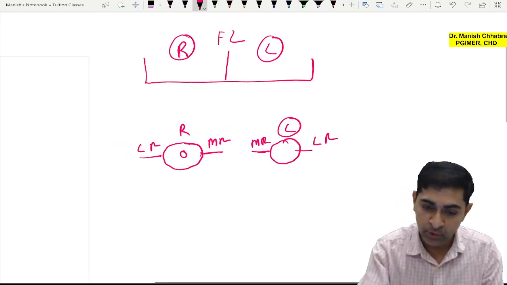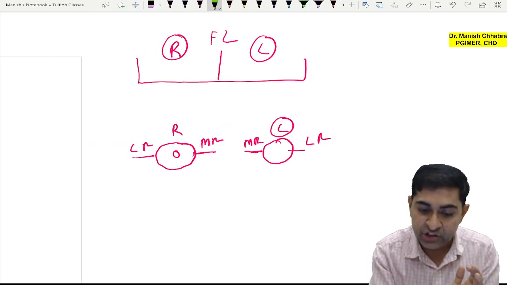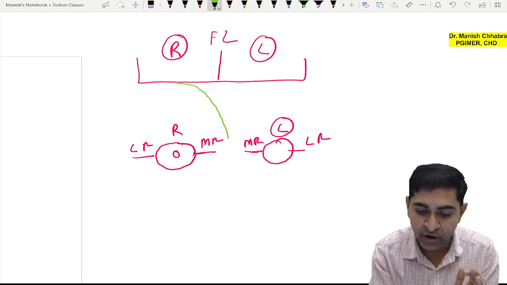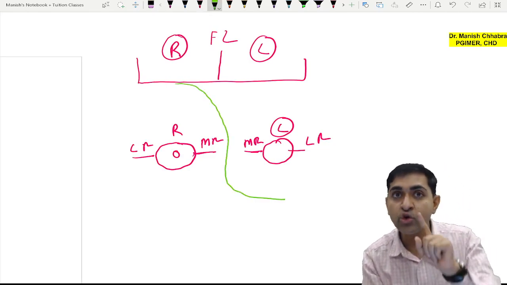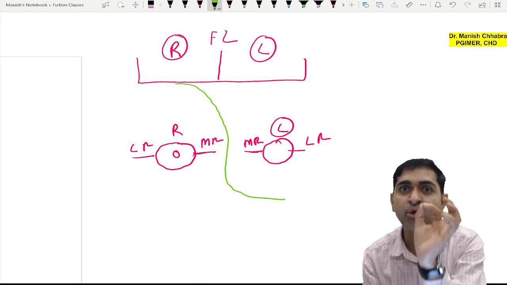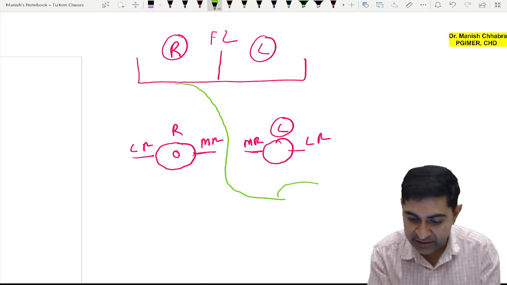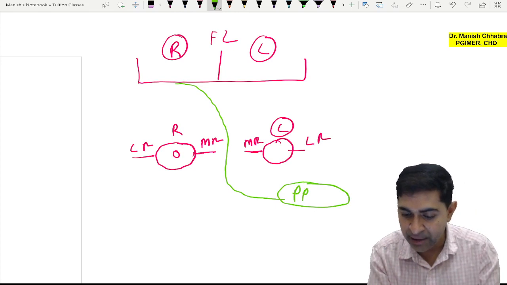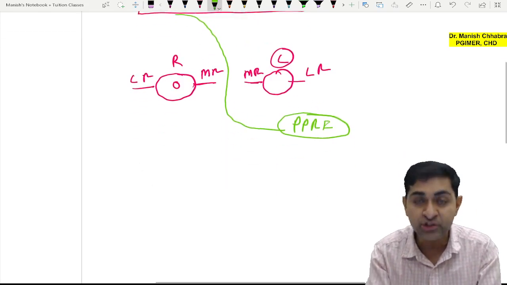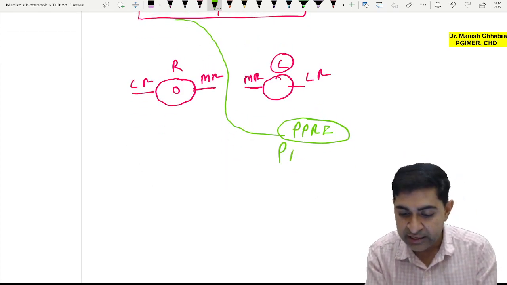Okay. Now the fibers which are coming from the right side of the frontal lobe, they go towards the left parapontine reticular formation. So let's make it, parapontine reticular formation. Don't worry, I am going to write it for you.